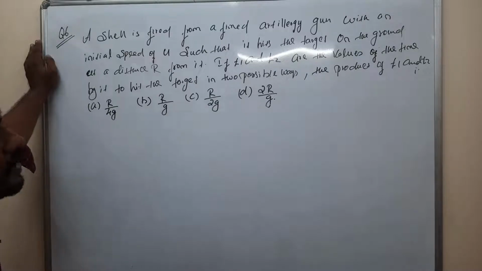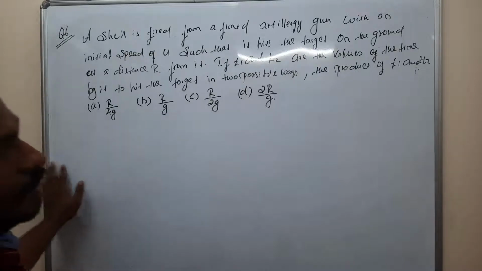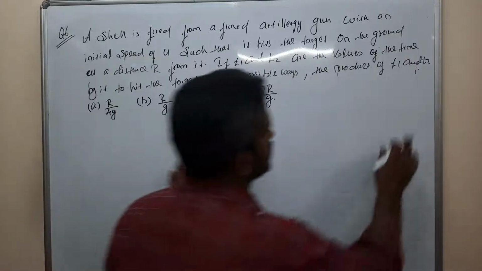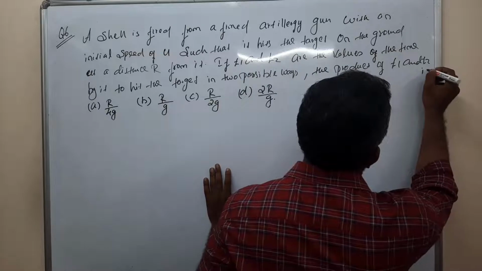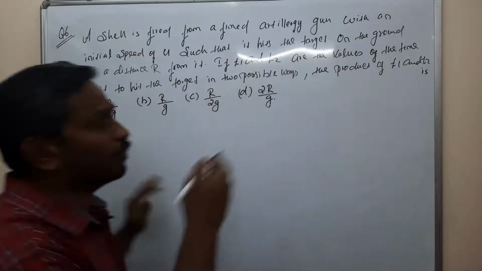it hits the target on the ground at a distance capital R from it. If T1 and T2 are the values of the time taken by it to hit the target in two possible ways, the product of T1 and T2 is. So we have to, that is, the object is fired from the gun at two possible angles.